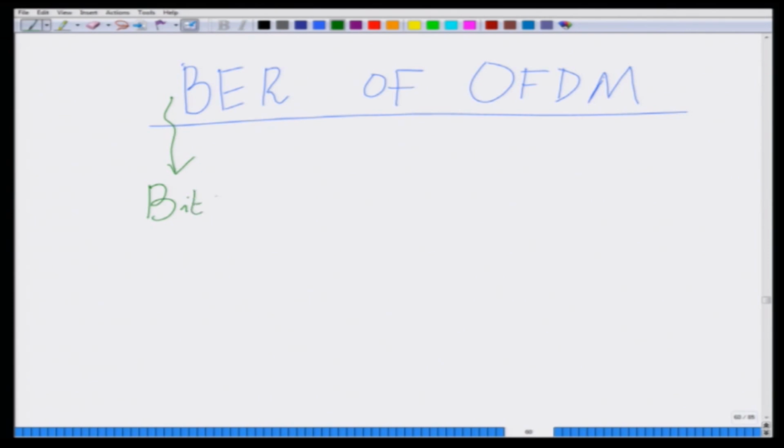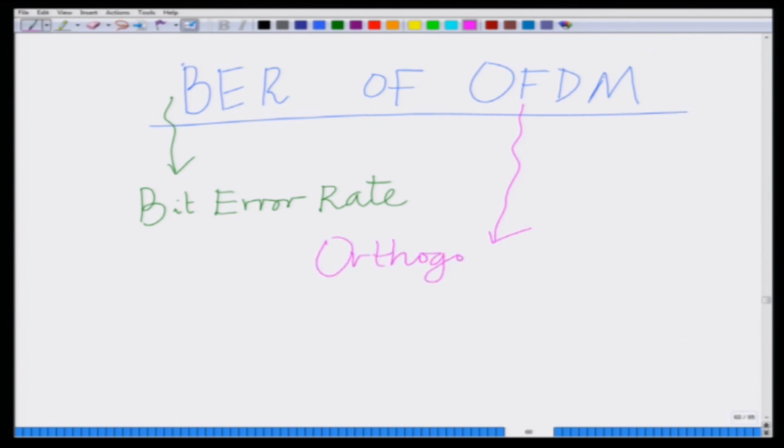BER stands for bit error rate, and OFDM is orthogonal frequency division multiplexing.